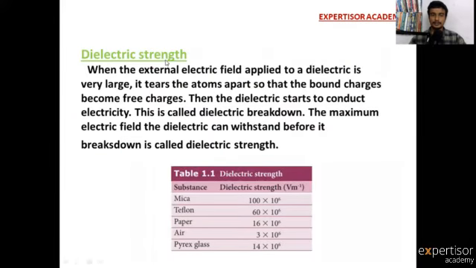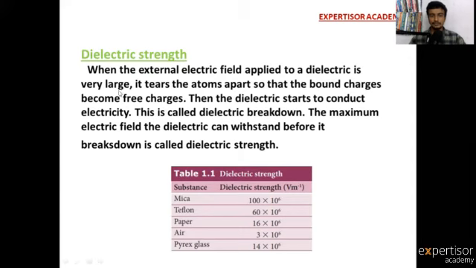Next, dielectric strength. When the external electric field applied to a dielectric is very large, it tears the atoms apart so that the bound charges become free charges.